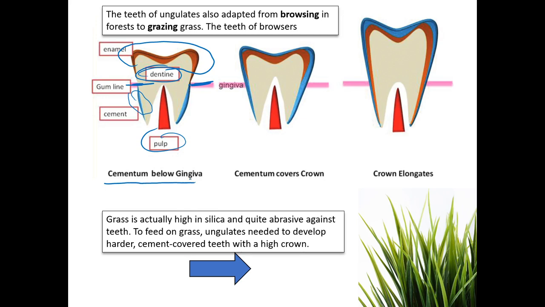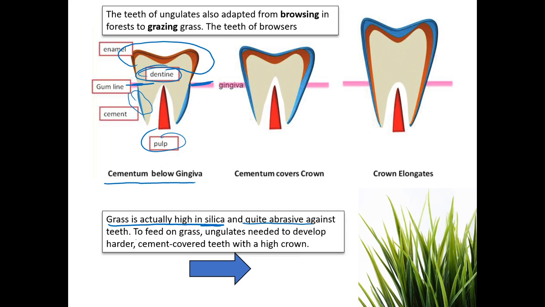Now what happened is as animals became ungulates, began feeding on the grass. Well, grass might surprise you that grass is very high in silica. Silica, you might recall, is very hard, right? Quartz is basically full of tiny grains of quartz. It's very abrasive. And the grass does that to defend itself.